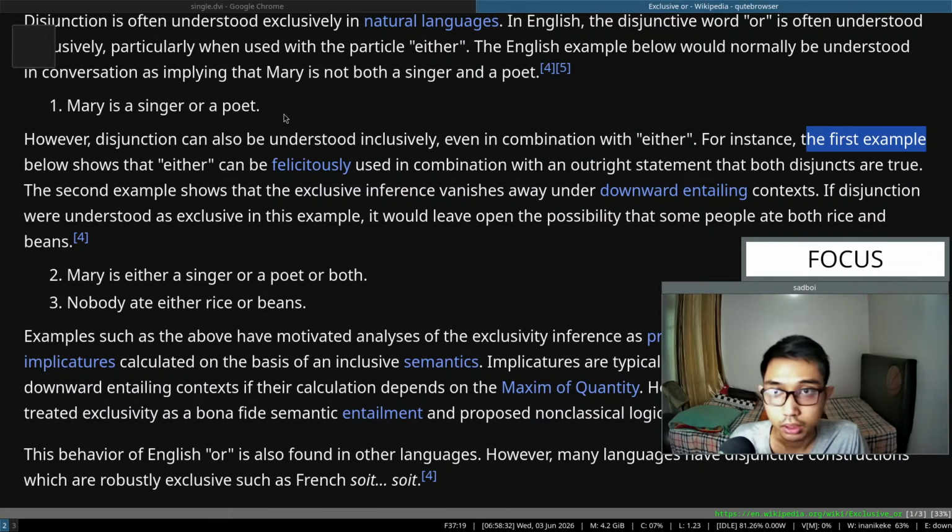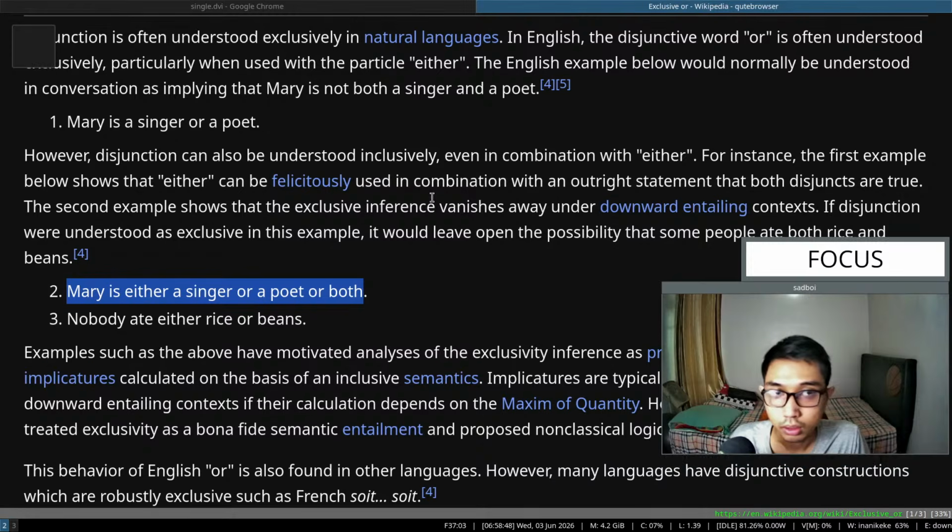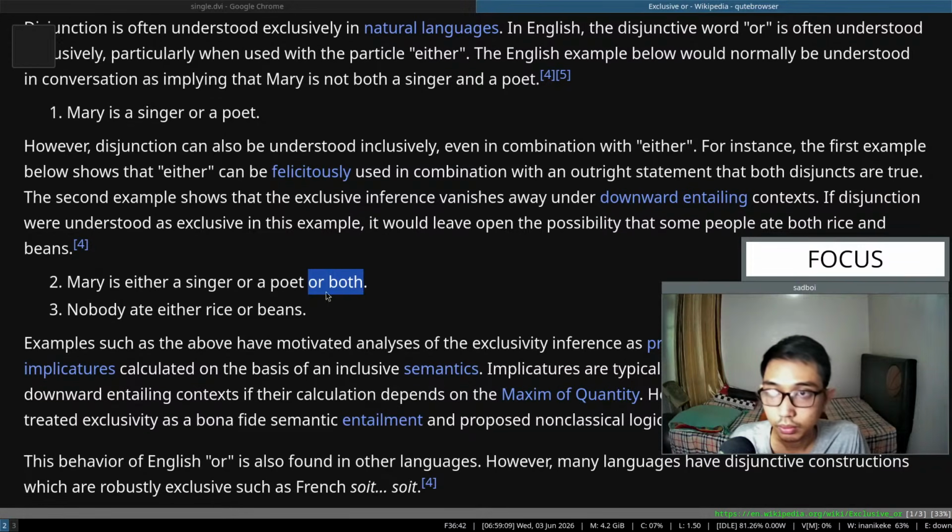Yeah, the first example, this one. Oh, below. Is this? Oh, maybe this one. Okay. The first example below, right? So that either can be felicitously used in combination with an outright statement that both disjuncts are true. Okay, this one. Or both, right?